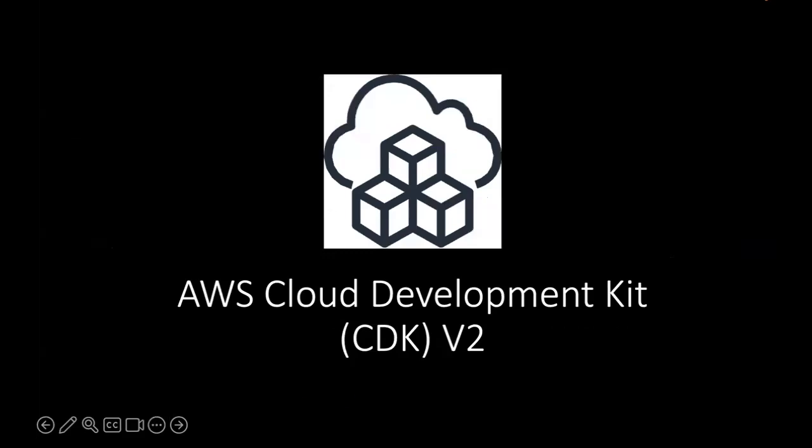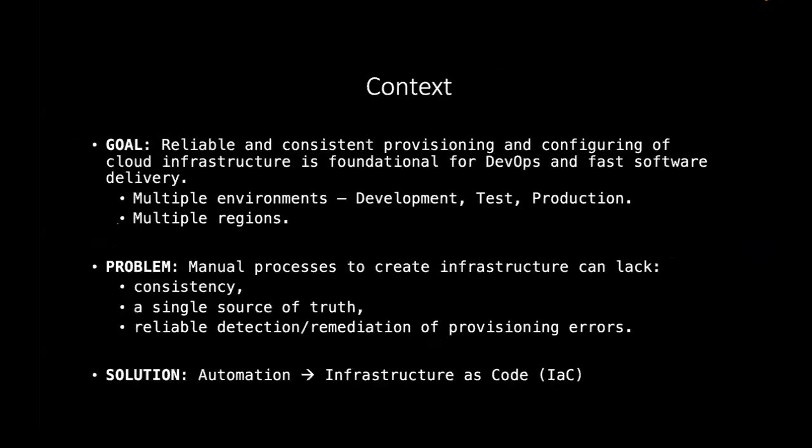It's a framework for automating the creation of infrastructure, cloud infrastructure. In relation to creating cloud infrastructure, we want to make sure, or we'd like anyway, that whatever means we go about to create infrastructure in our cloud platform, in our case AWS, but it's not unique to AWS, whatever approach we use, we'd like that approach to be reliable and consistent.